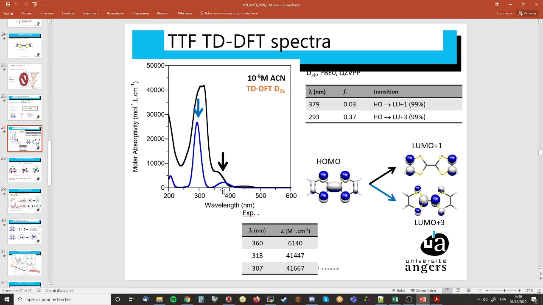That means near 0 Kelvin. So with a Gaussian approximation, you can have a first point of comparison. Here we see a first small band, an intense band. The intense band probably corresponds to this one, and this one to this one. And we don't have anything here.